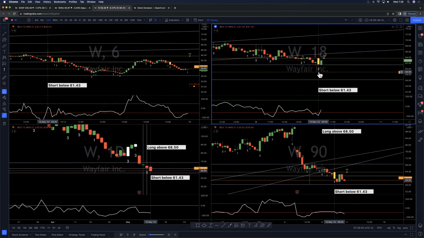Well, no, the open was 63.70. So if it trades back above here, yeah, 64, I'm sorry, I was looking at that wrong. 63.64, which is the high, then I'll look to go long, because now I'm looking at this as a 2 up, 2 down, 2 up continuation.